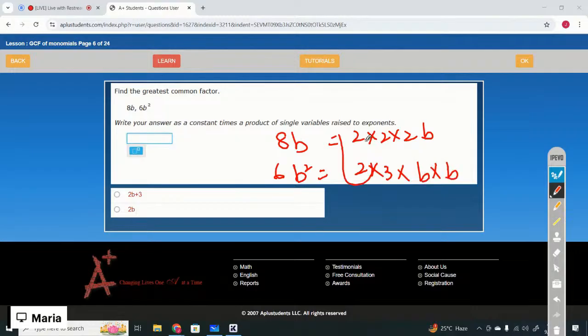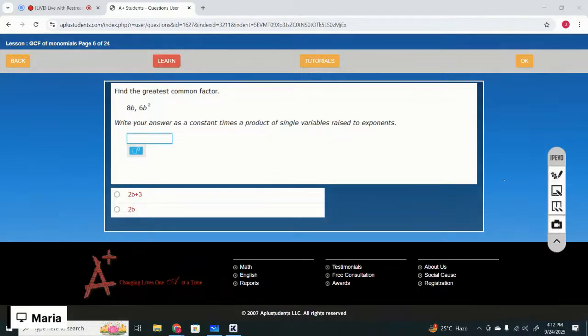So the common factor is 2b. Option number 2 is the correct option.